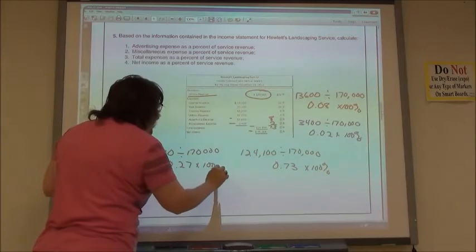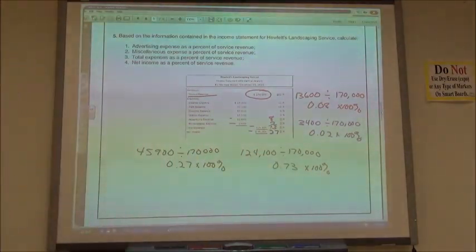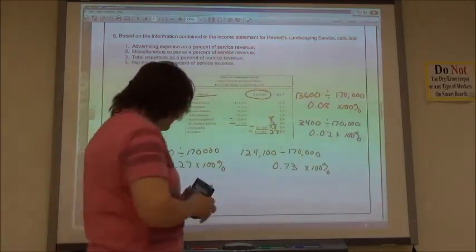So as a percent, 27%. So for the advertising expenses, we got 8%, miscellaneous 2%, total expenses 73%, and net income 27% of the service revenue.